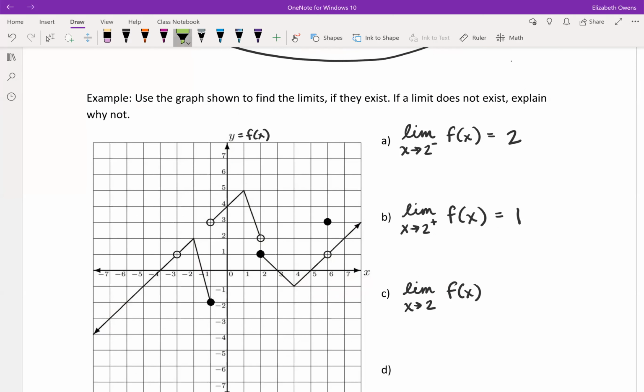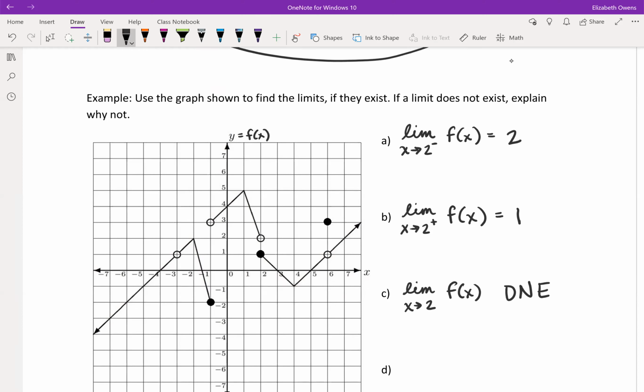Here, this is all the same x value we're approaching. So as x approaches 2, we would need these two limits to match each other in order for this limit to exist. So since those two limits don't match each other, this overall limit does not exist.